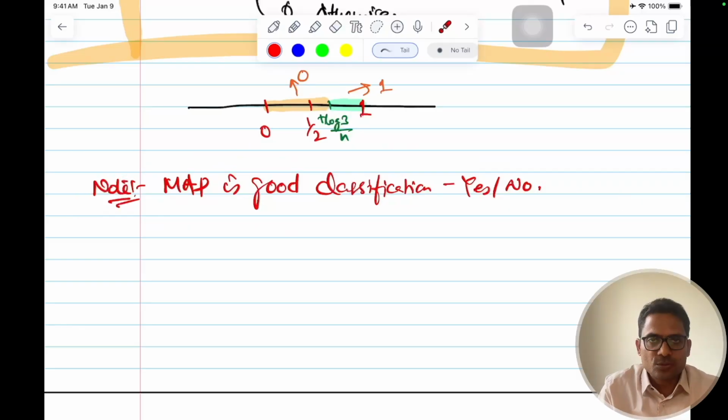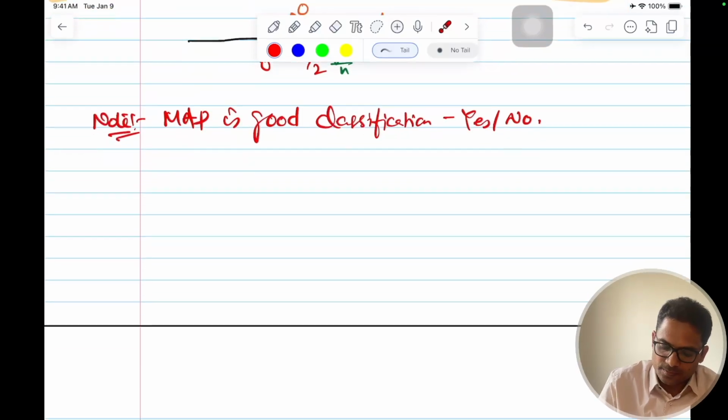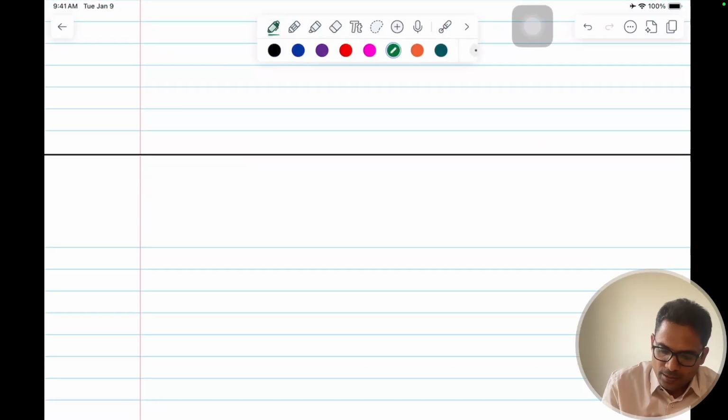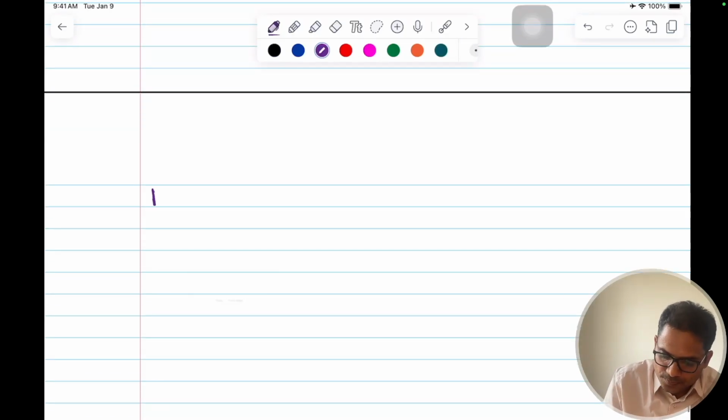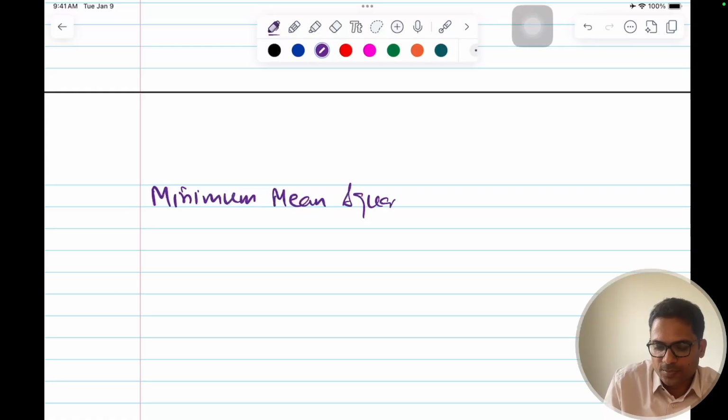And that brings us to the next tool, that is our minimum mean squared error estimate. So let's move to the next page. Sorry, I have to minimize, and whenever we do, you will see this again, mean square error.